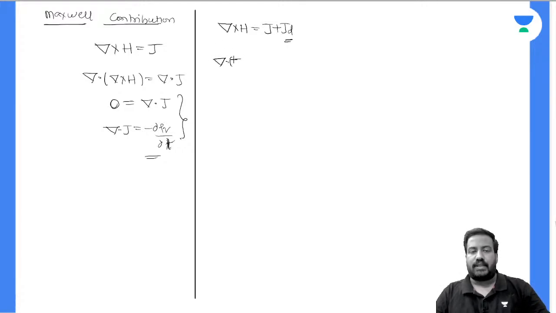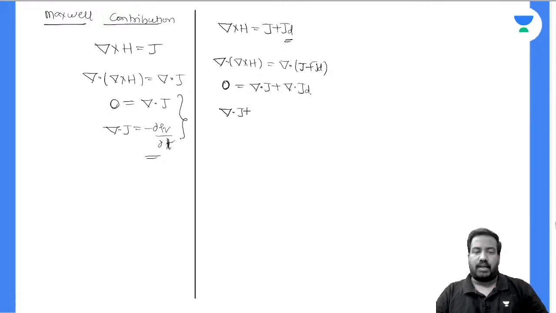Now we do divergence on both sides. Del dot del cross H is equal to del dot (J plus JD). Divergence of curl of any vector is 0, so 0 is equal to del dot J plus del dot JD. This implies del dot JD is equal to minus del dot J. From the continuity equation, del dot J is minus ∂ρv/∂t, so minus of minus gives plus ∂ρv/∂t.